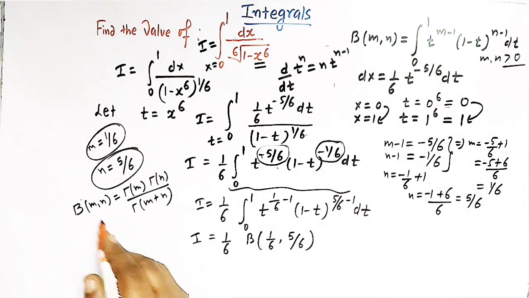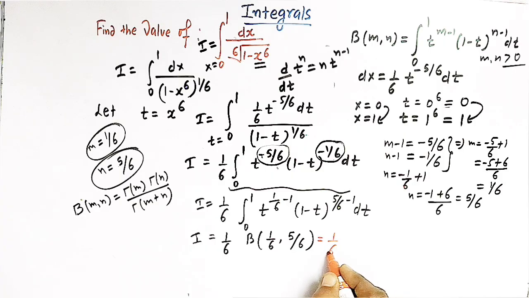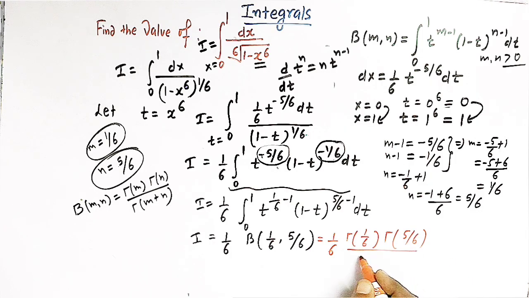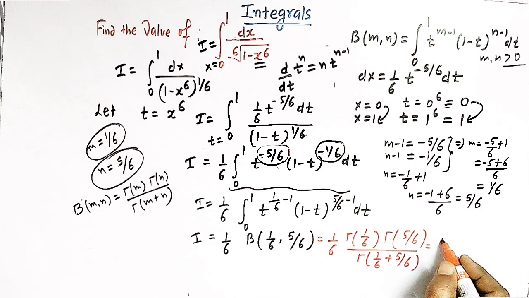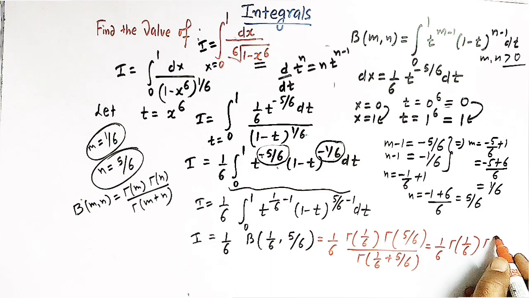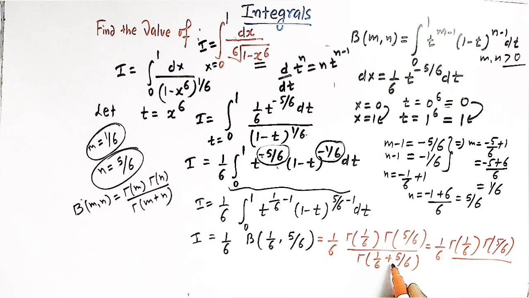So now using this relation, we can now write 1 over 6, then we have gamma 1 over 6 times gamma of 5 over 6 divided by gamma of 1 over 6 plus 5 over 6, which is 6 over 6, that is equal to gamma 1, and gamma 1 is equal to 1. So here we have 1.